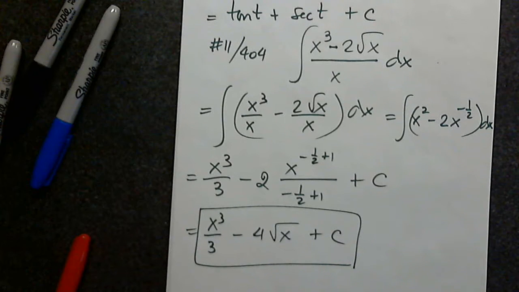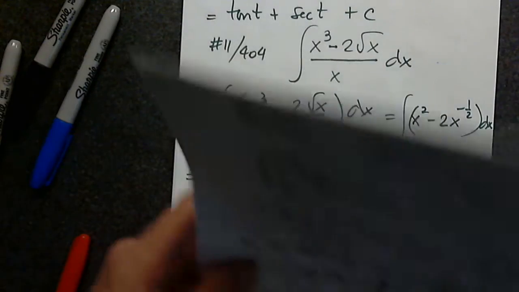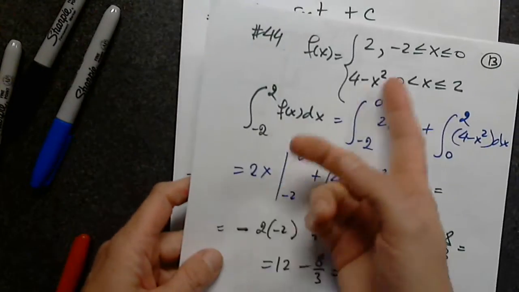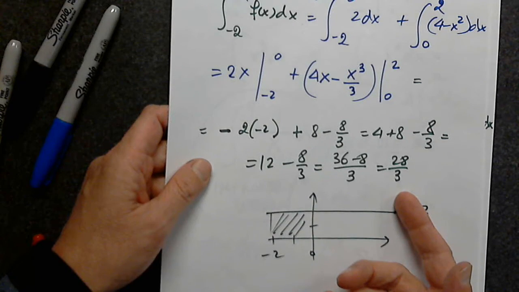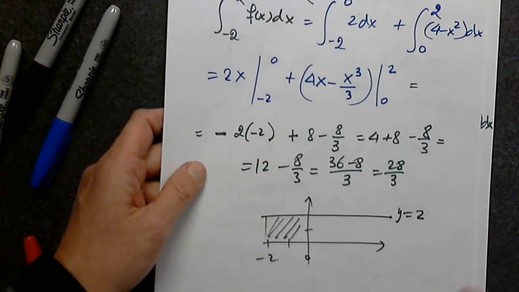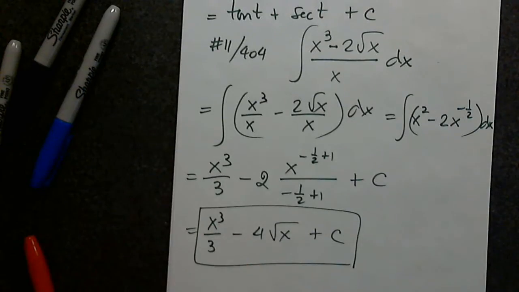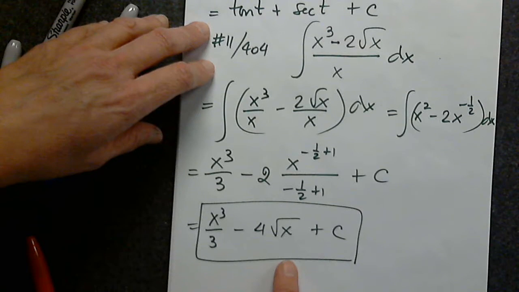Question. Going back for a moment to the definite integrals. We calculated this one. Is there any way I can check? I can only hope that it's correct. No, by hand I can't check this. Is there any way I can check this answer?